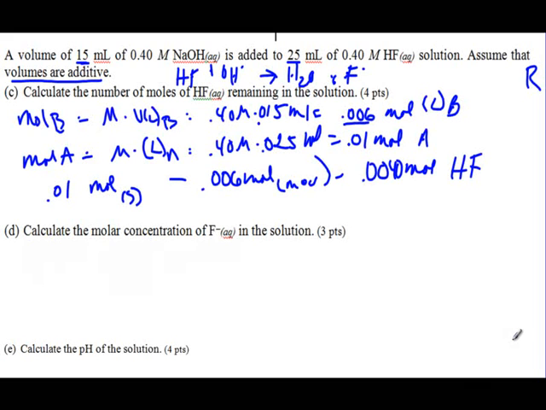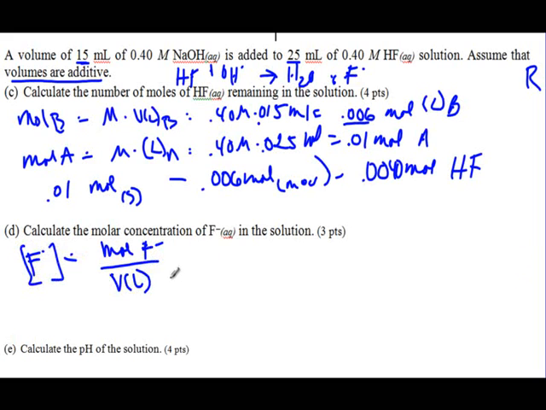Part D says calculate the molar concentration of F minus in the solution. I had HF and OH minus, and they neutralized when I had 0.006 moles of each, which gave me the equivalent amount of F minus, because their mole ratio is 1 to 1. So the concentration of F minus is going to be the moles of F minus over the volume in liters of the solution.